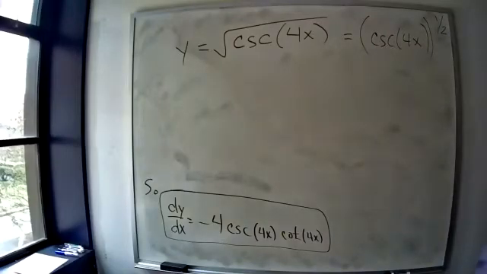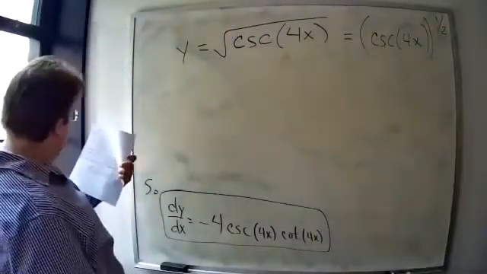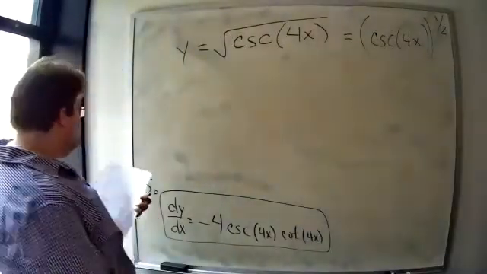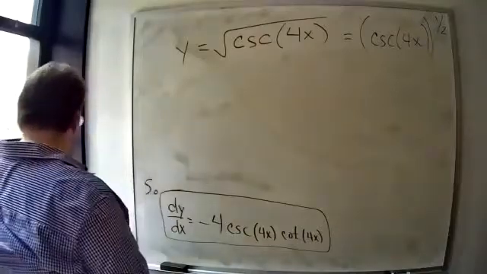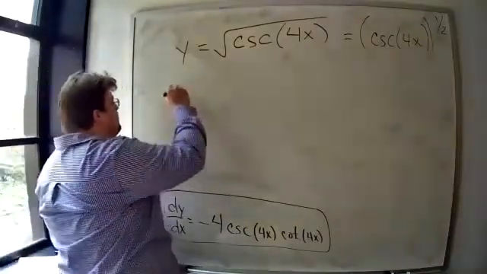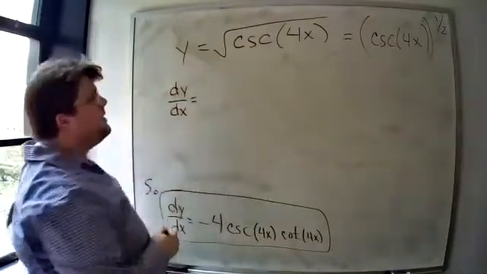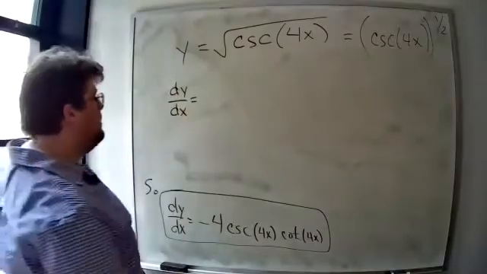Well, we can take the derivative of something to the 1/2 in a way similar to part A. In part A, we had something to the 4th. Here we have something to the 1/2.